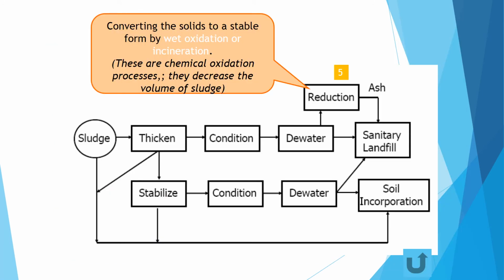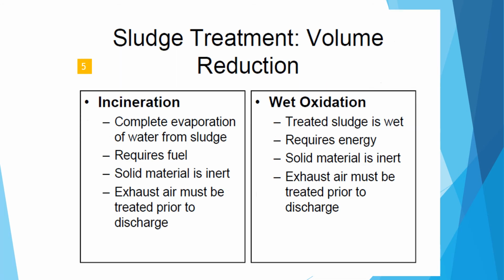Okay, and the last one is to convert the solid to a stable form in the reduction process, using wet oxidation or incineration system. These are chemical oxidation processes. They decrease the volume of sludge. For the incineration process, basically it completes the evaporation of water from the sludge, it requires fuel, and the solid material is inert.